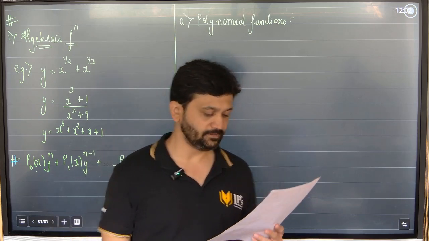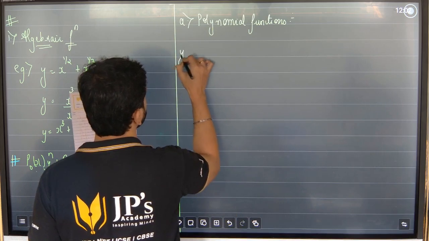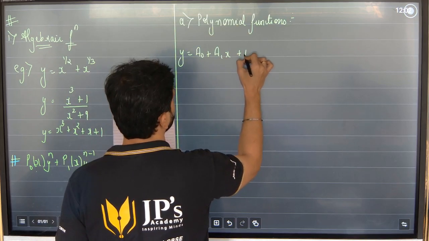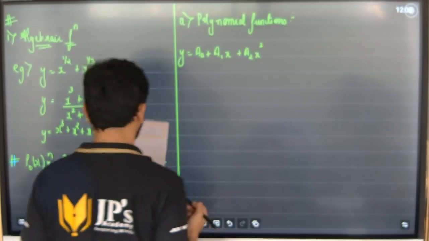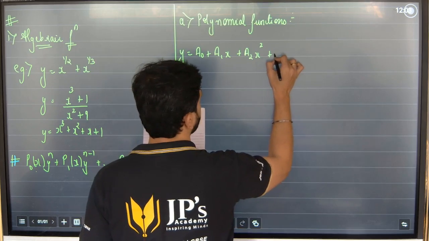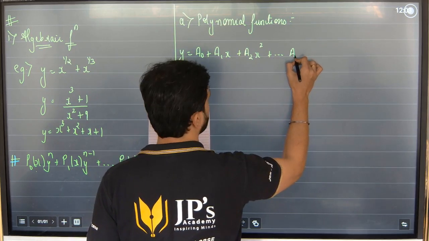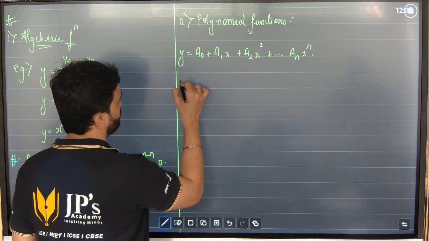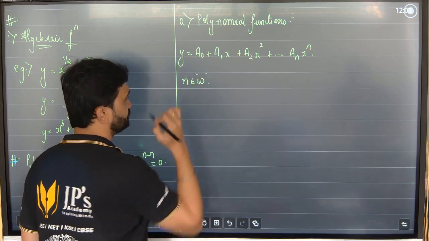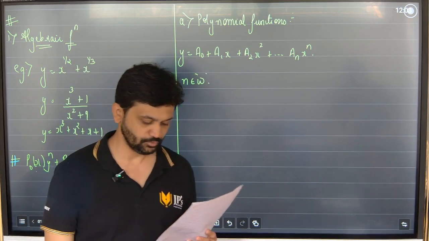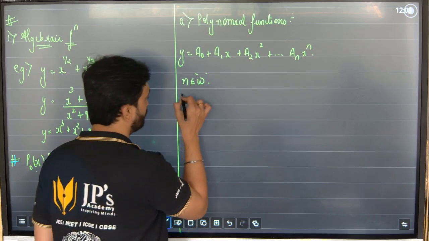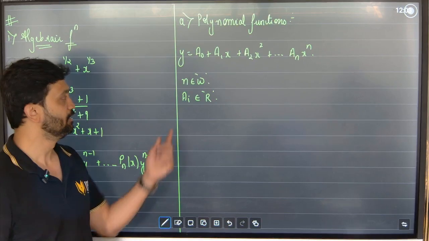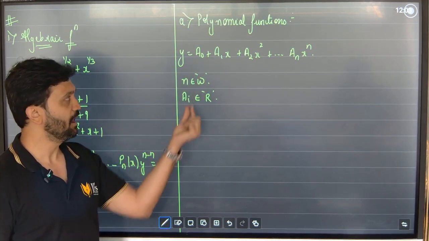An expression of the type a naught plus a1 x plus a2 x square plus dot dot dot an x to the n, where n belongs to whole numbers, where ai belongs to real numbers. ai means your i is basically 0, i is 1, i is 2 and i is n.